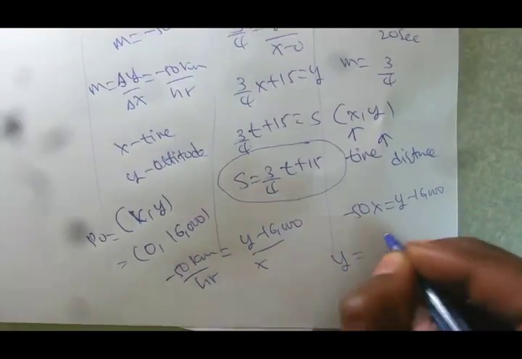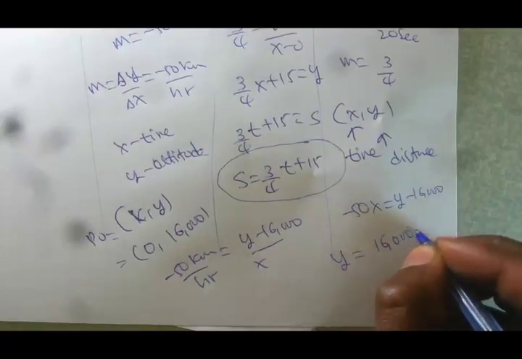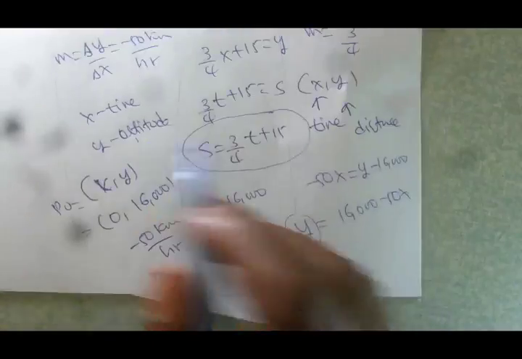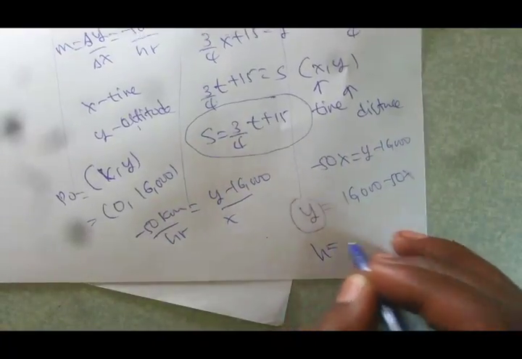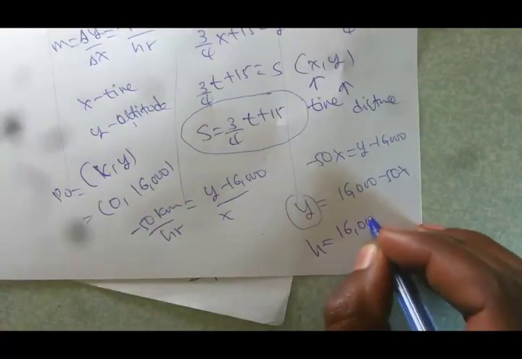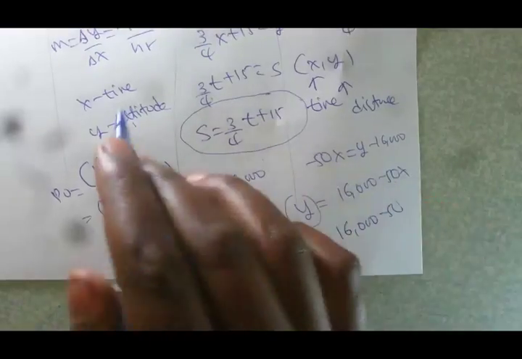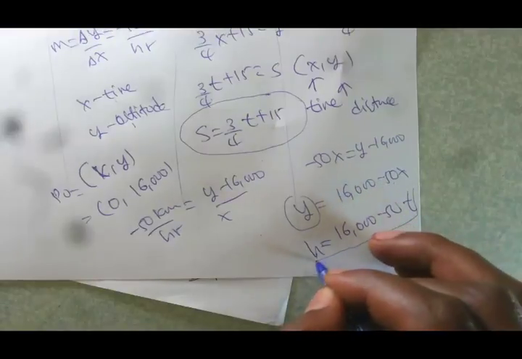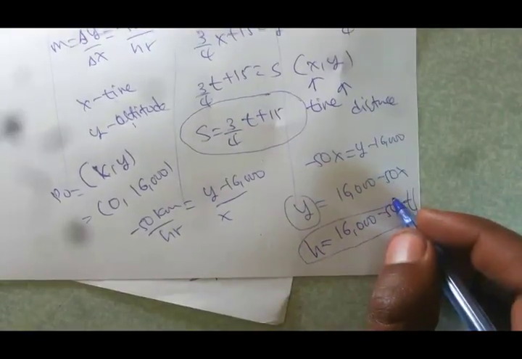Therefore, y is equal to 16000 minus 15x. What does y represent? Y represents altitude h. H is equal to 16000 minus 15, and the value of x is t. Therefore, this is the model that represents our equation.